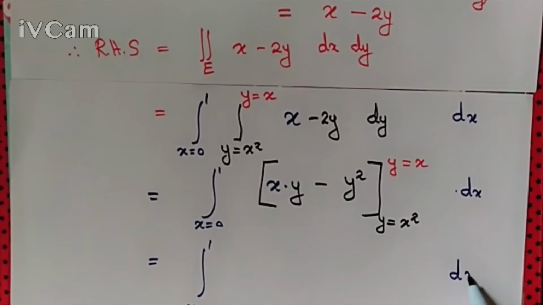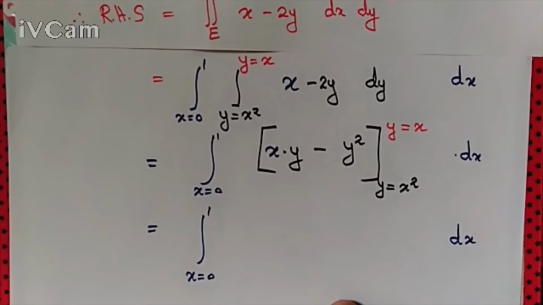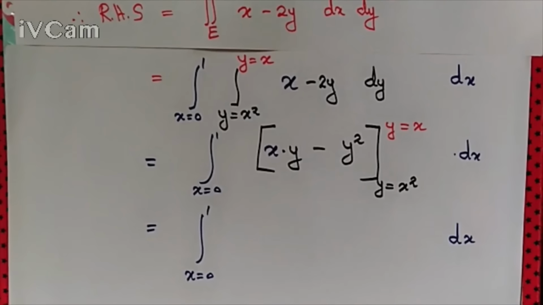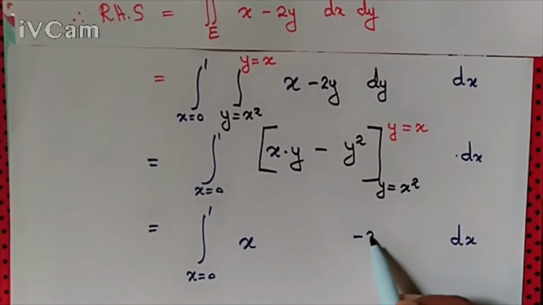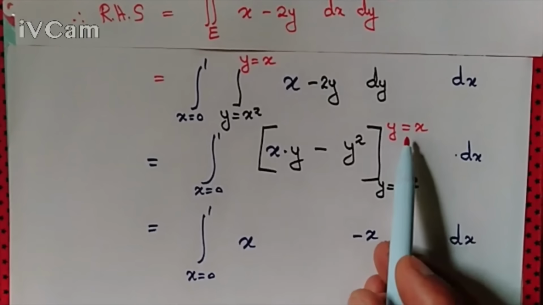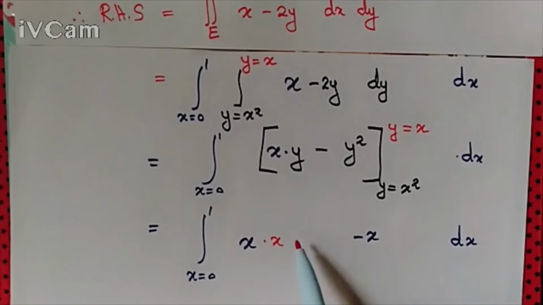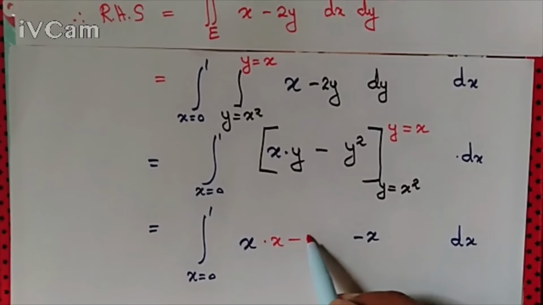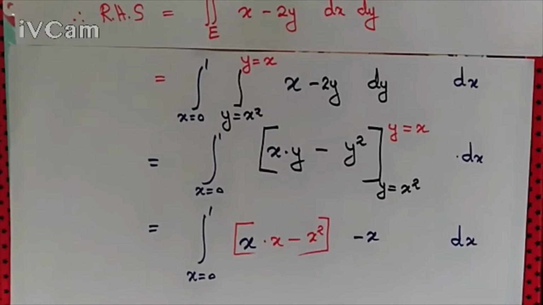x is changing from 0 to 1, we'll integrate it. But more than that, let's put upper limit and lower limit of y. x as it is. If we put upper limit, we have y equal to x minus y equal to x square. That's your upper limit.